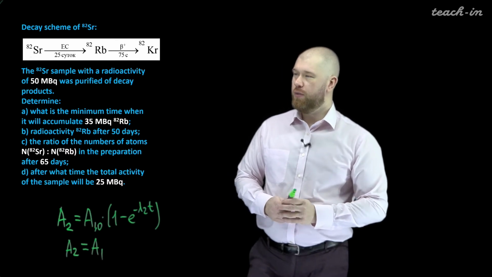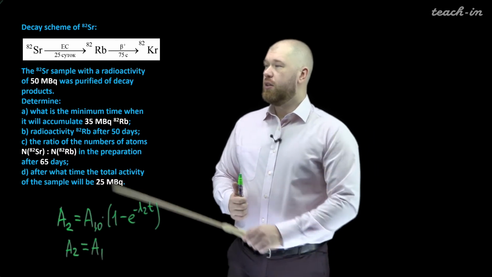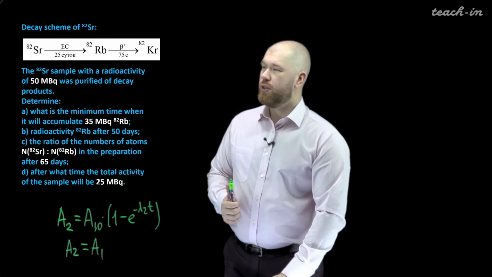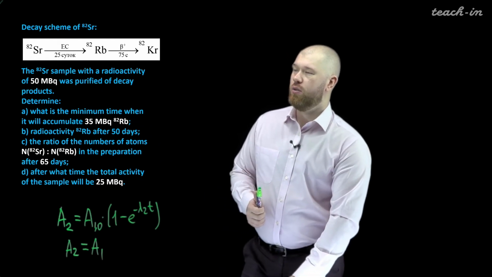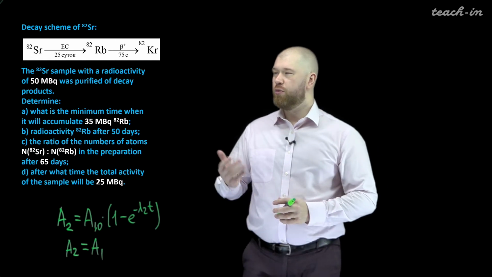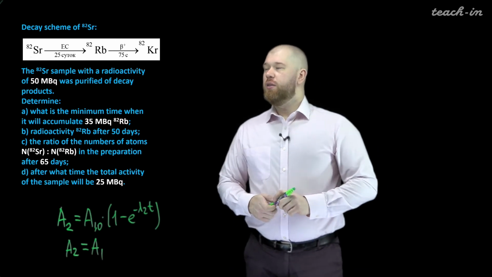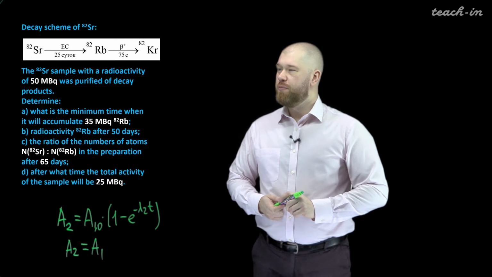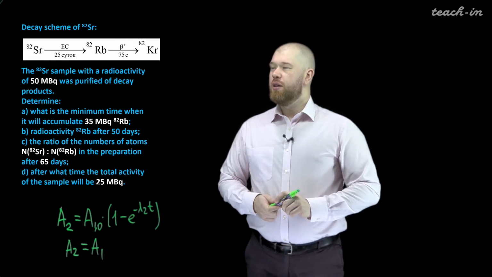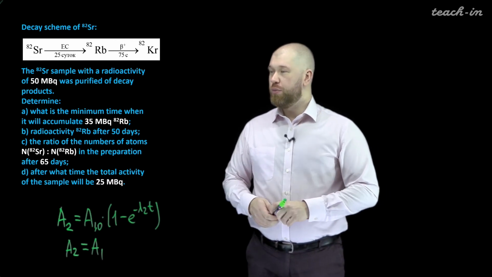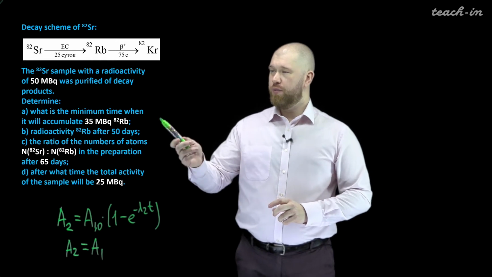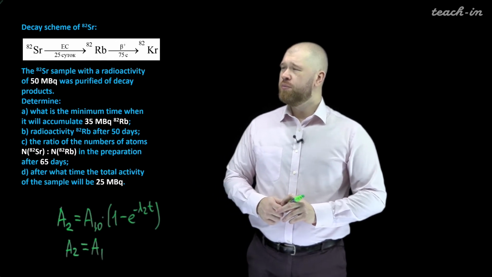So we have a strontium sample that is purified from all the daughter radionuclides, from rubidium in this case, and we have to calculate the minimum time when the activity of the accumulated rubidium will be 35 megabecquerel.